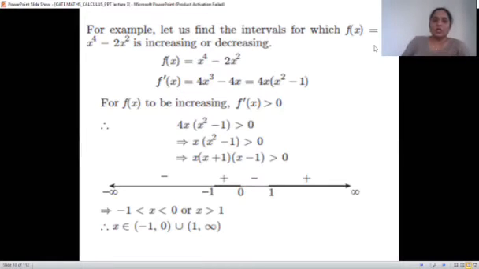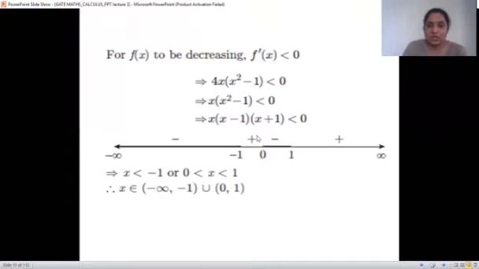So we have to find the intervals for which the given function is increasing or decreasing, right? We have found the derivative, and for an increasing function we know f dash of x is greater than 0. We are using that condition, that is, 4x into x square minus 1 is greater than 0.